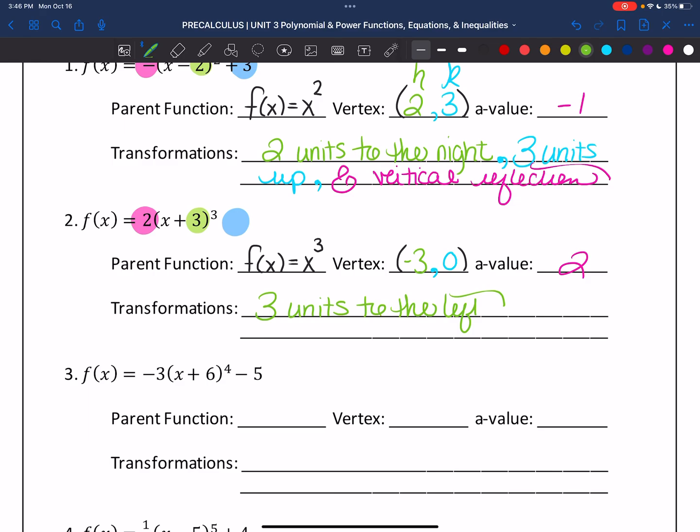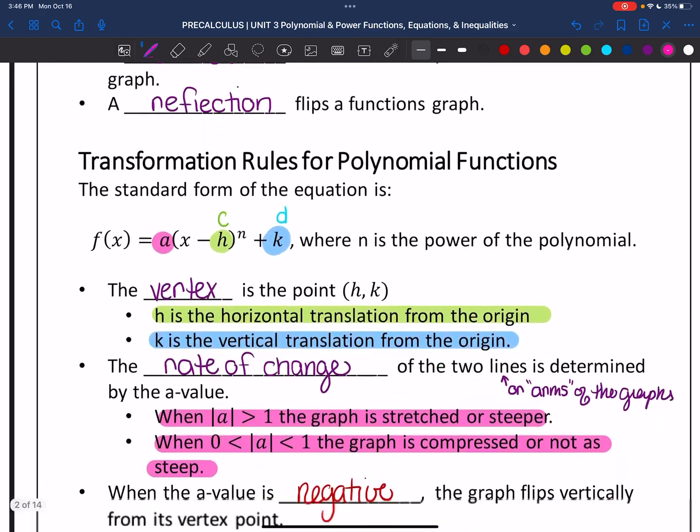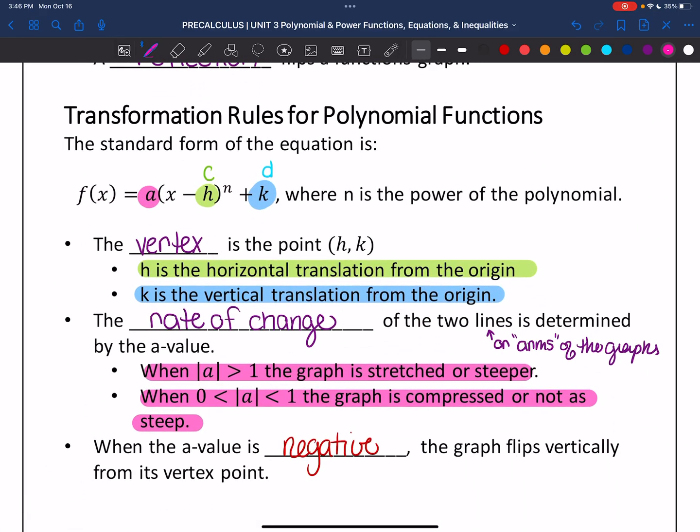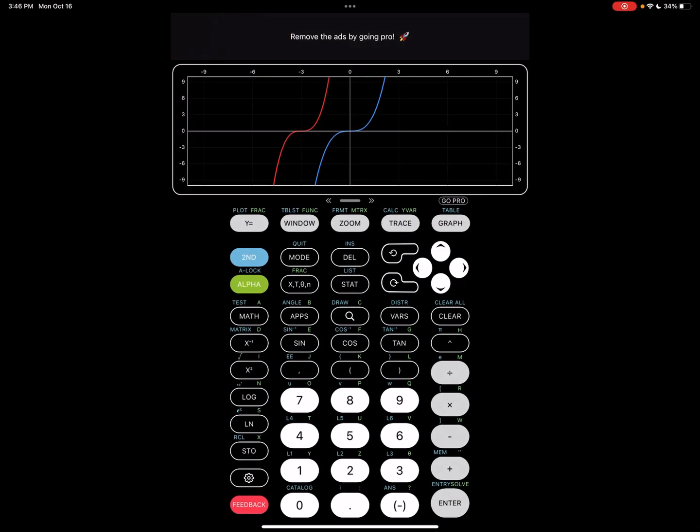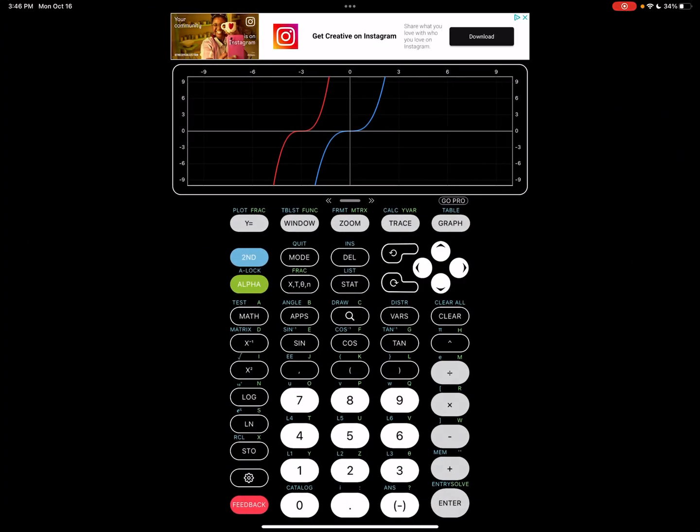But what does also happen here is a little something because of our a value. What does our a value do? When a is greater than 1, then the graph is stretched or a little bit steeper. And you can kind of see that here, that the red graph is a little bit steeper than the blue.